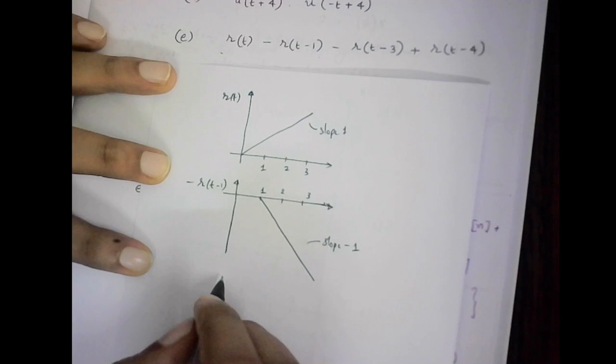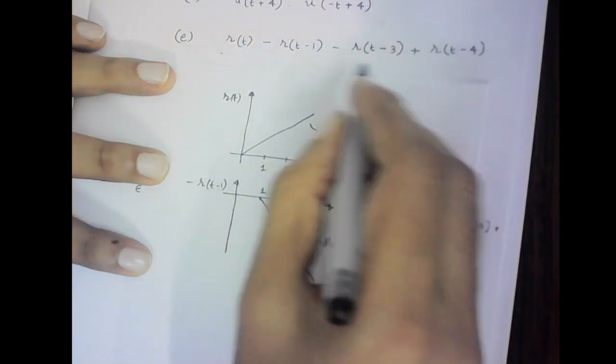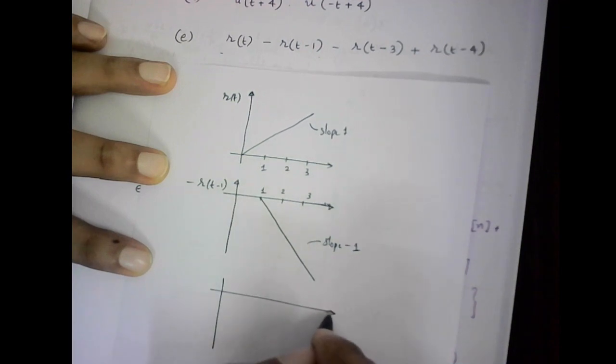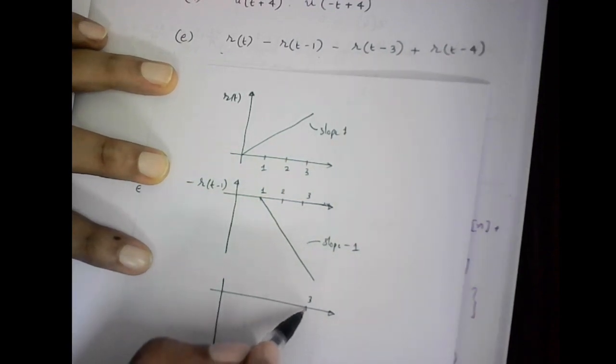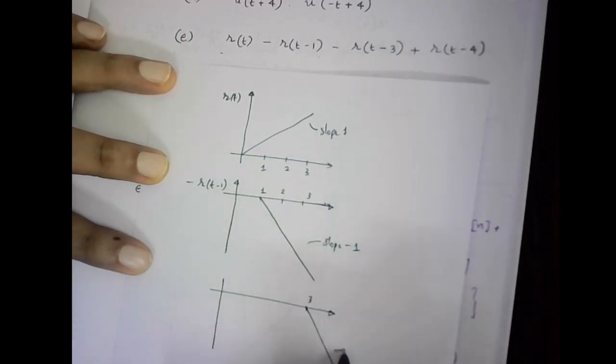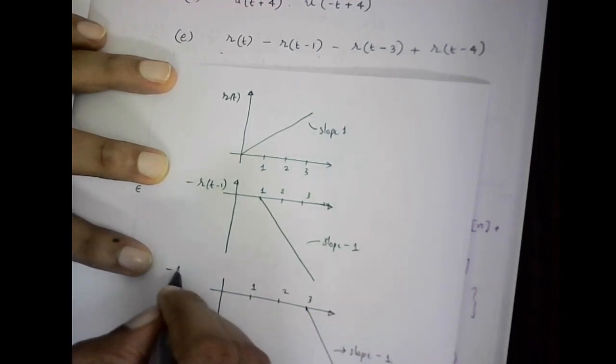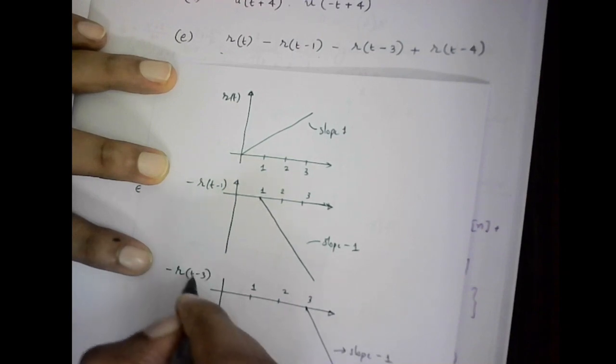What is the next element that you need? Minus r of t minus 3. So minus r of t minus 3 means it's a signal which is delayed by 3, and slope is minus 1 itself. Okay, so this is minus r of t minus 3.